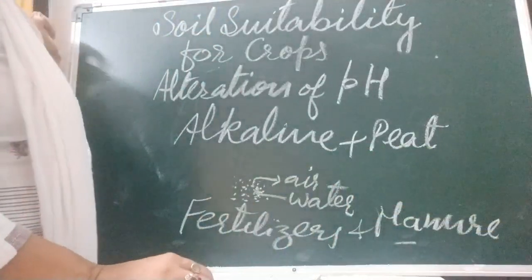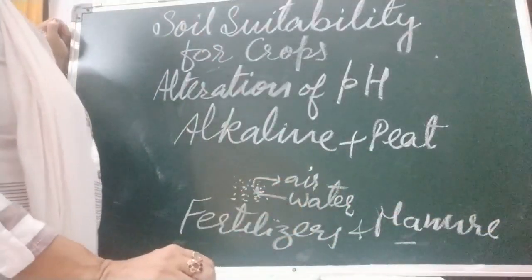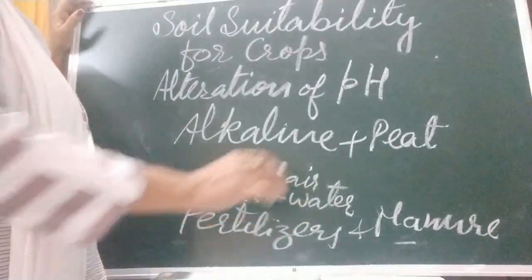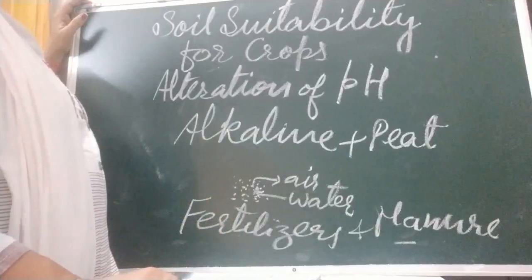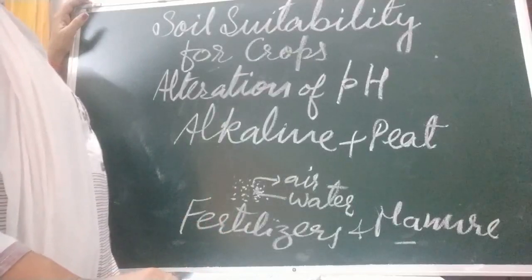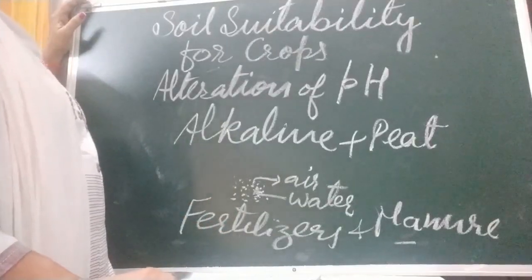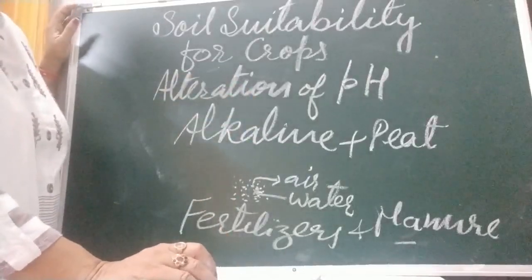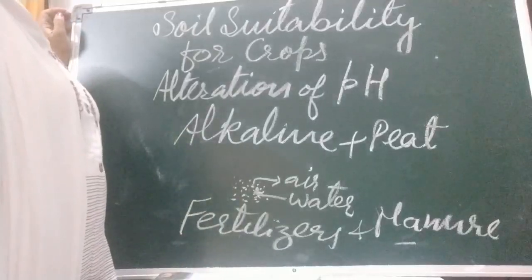There are two types of fertilizers, natural fertilizers and chemical fertilizers. Chemical fertilizers are chemicals rich in nitrate, phosphate, potassium and magnesium. This way we make the soil rich or fertile so that we can grow plants properly. Okay children, thank you.